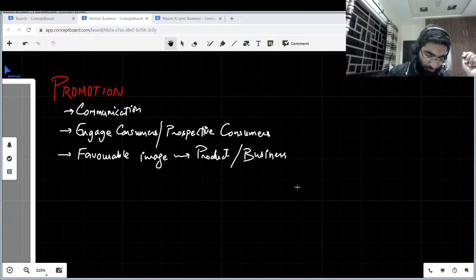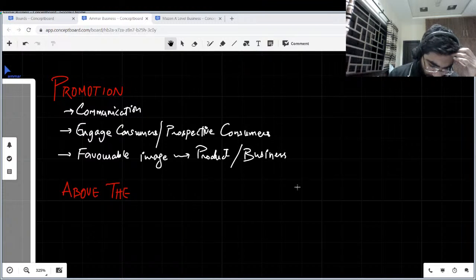With promotion there are two main subcategories. The first one is above the line promotion, and this is where advertisement comes in. So let me write, above the line promotion. The other one is below the line promotion. So above the line promotion is all paid for means of promotion.